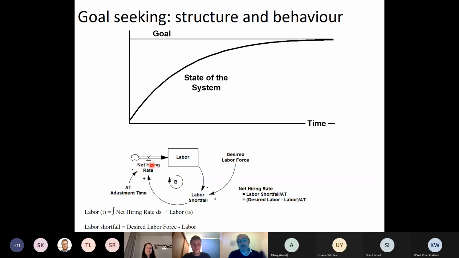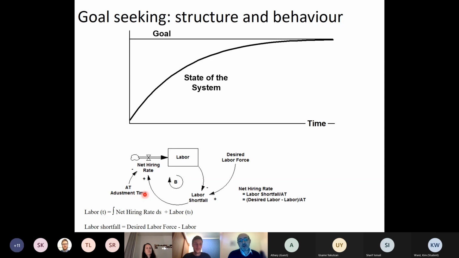This hiring is not instantaneous. If it were instantaneous, once you have this gap, you fill that goal and that's it. But we are looking at processes that may take time to realize. So you usually have some delays in the system, and this is what we call the adjustment time.